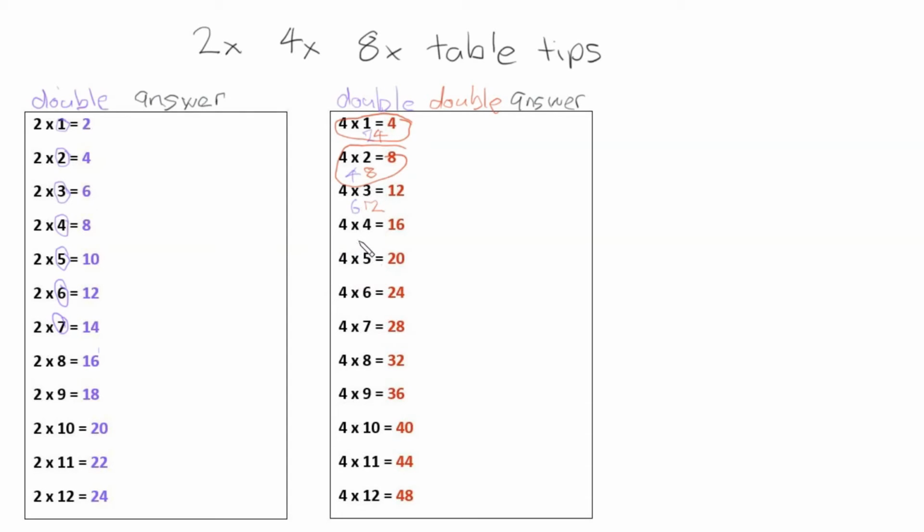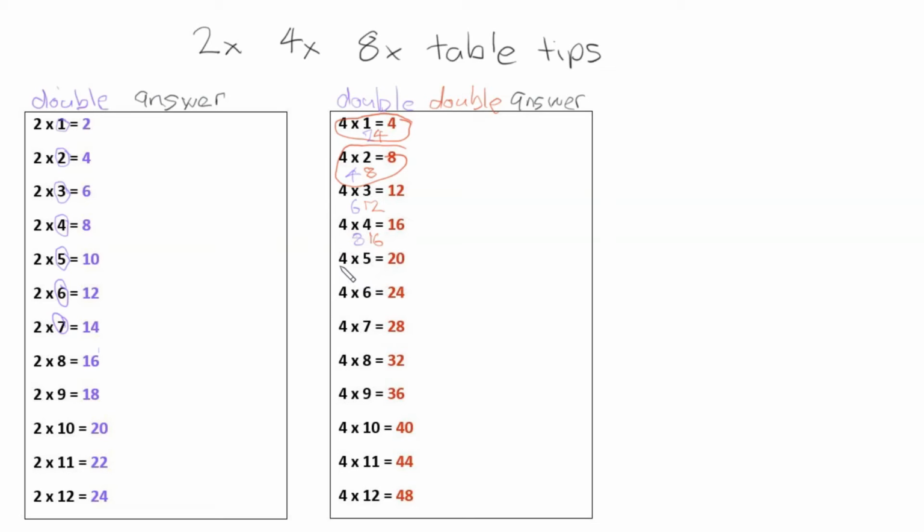Let's keep going. Double 4 is 8, and double 8 is 16. Double, double. So the trick for the 2 times table is double, and the trick for the 4 times table is double, double.